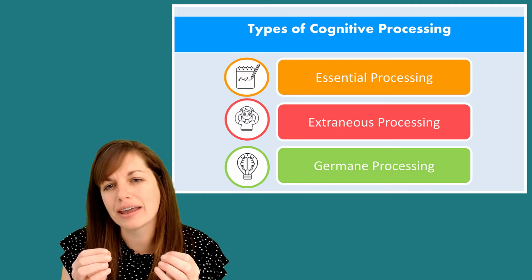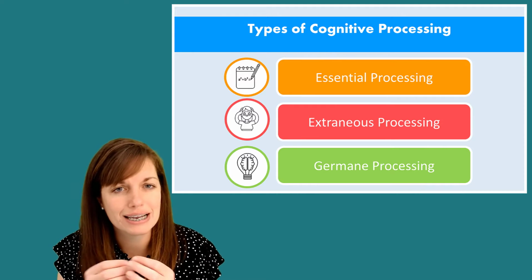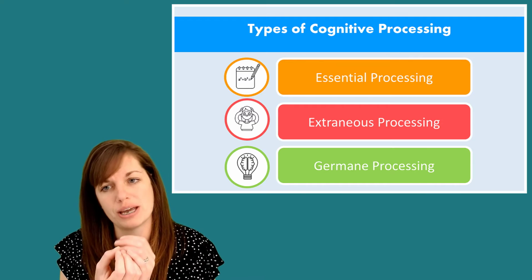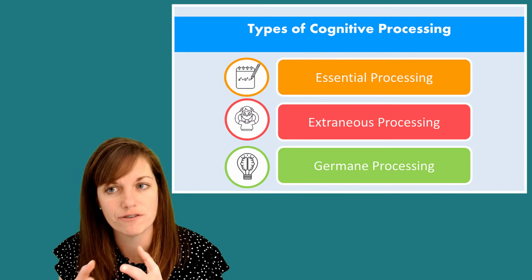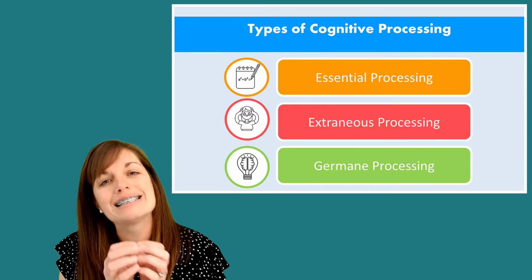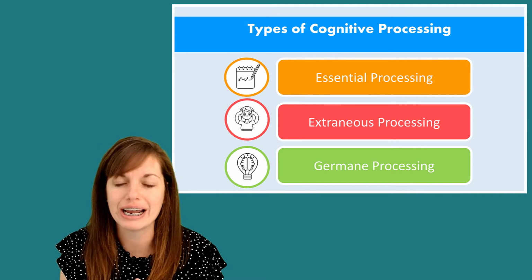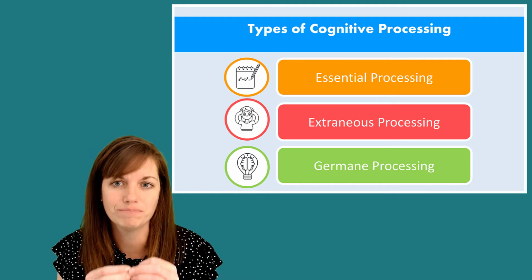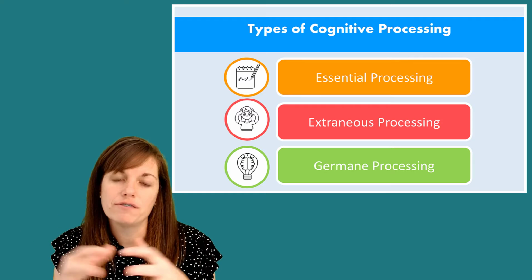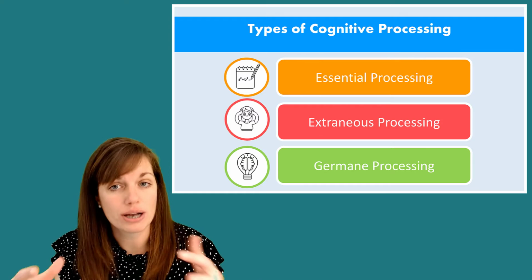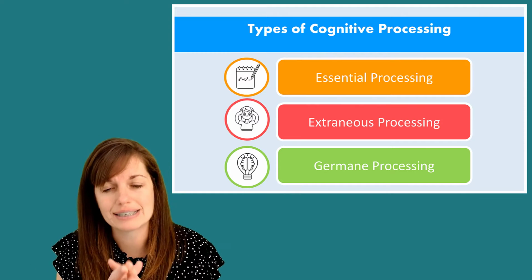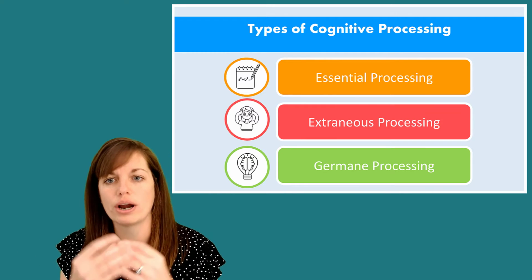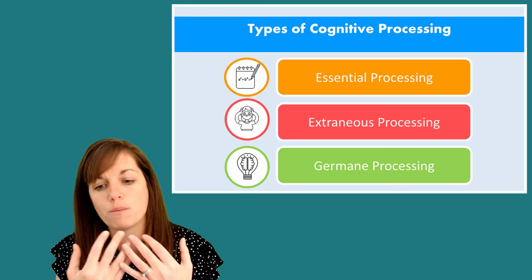And then finally, generative processing, similar to the germane load, is the process of organizing information into schemas and making the information click. Similar to cognitive load theory, we want to reduce the extraneous processing, manage the essential processing, and facilitate or encourage the generative processing.